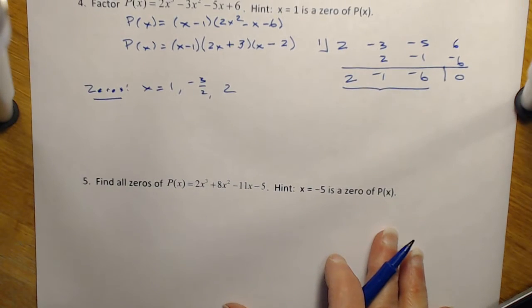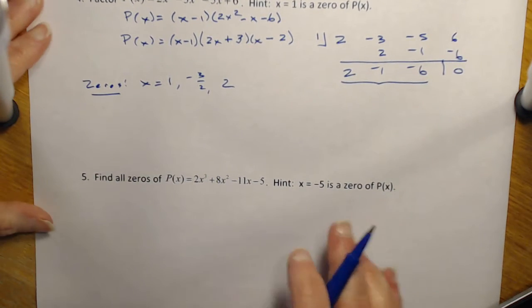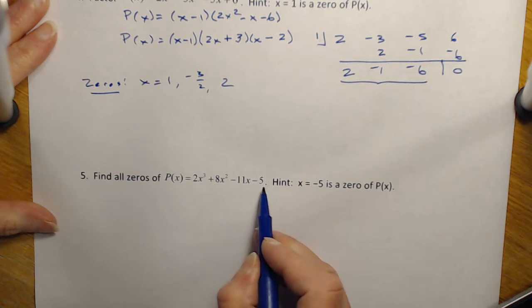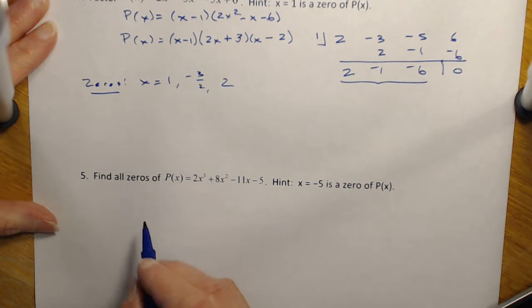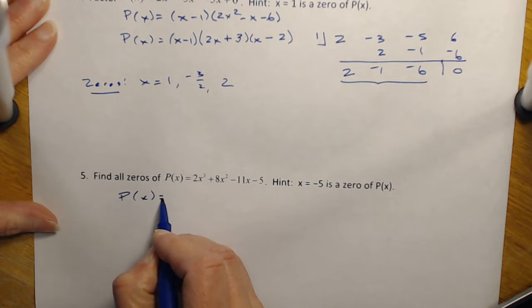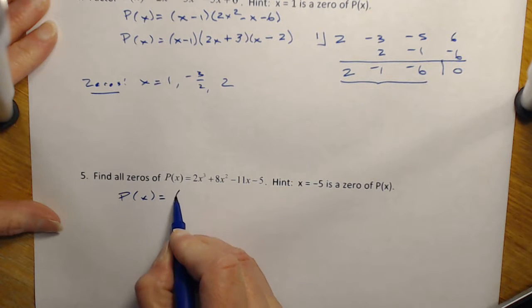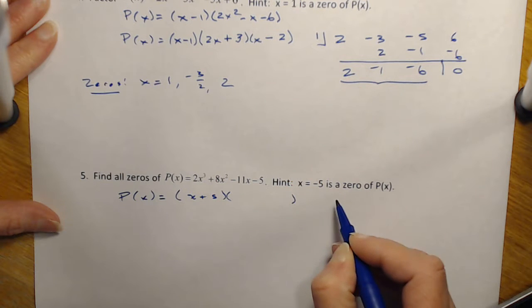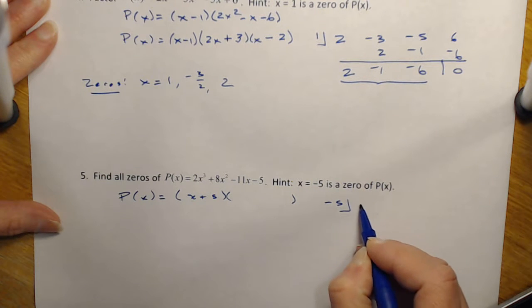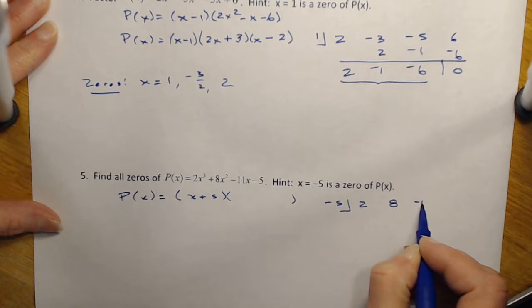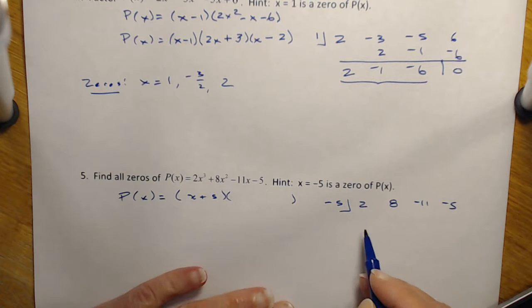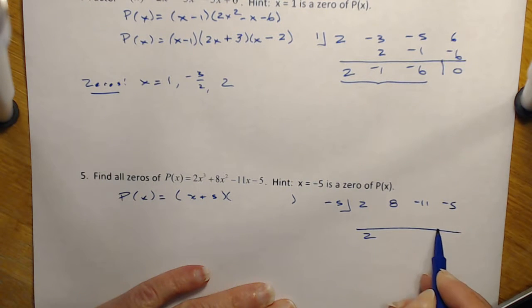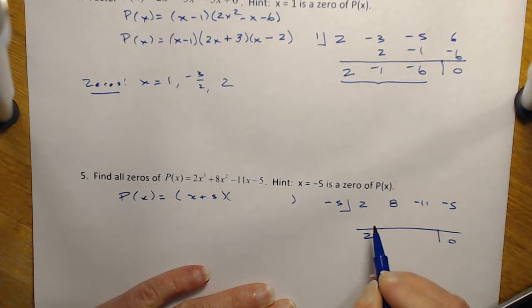All right, and then just a similar one for the bottom. Again, you're given a hint. It's a degree 3, so we're looking for 3 of them, but I already have one. So p of x, and I'm going to write it in factored form first, is x plus 5, and I'll do a division to find the other factor. Again, if I'm told negative 5 is a 0, the remainder should be 0.